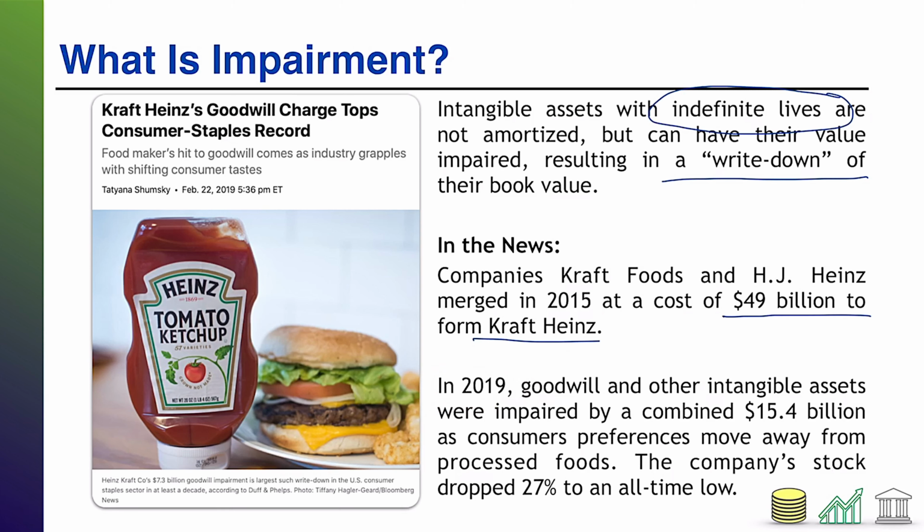In 2019, Kraft Heinz, the combined company, started to realize that consumer preferences had really changed over the past few years. People weren't really big on processed foods anymore. People wanted natural. They wanted fresh, right?